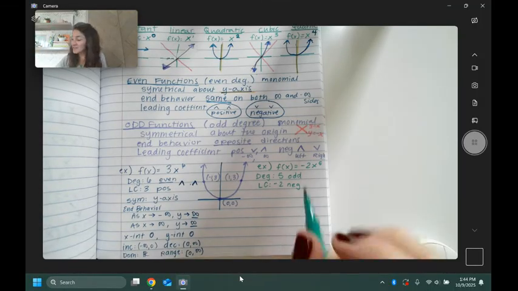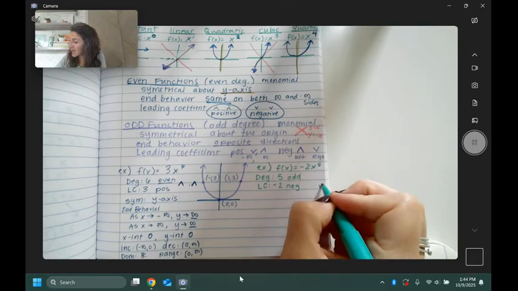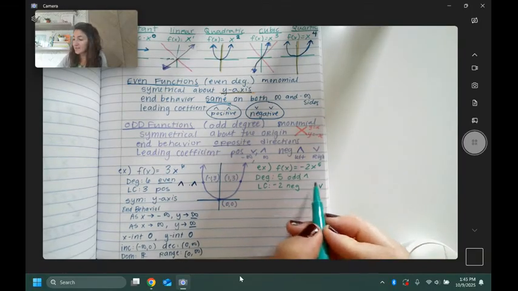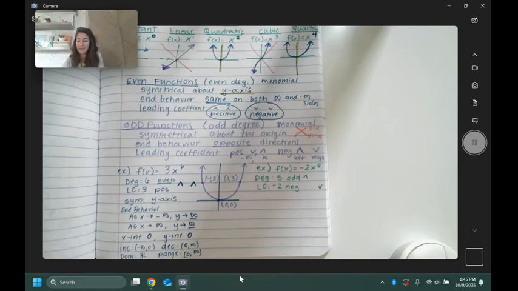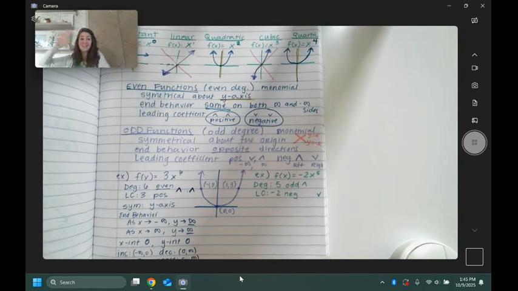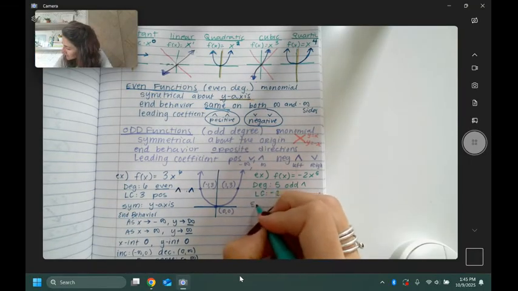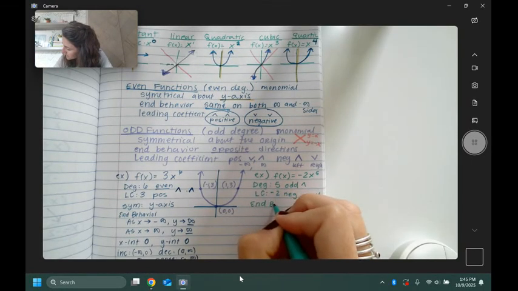And the negative tells me I'm going to be going up to the left, down to the right. The negative tells me in the end, you're going to be going in the negative direction. All right, so let's actually start with end behavior here.